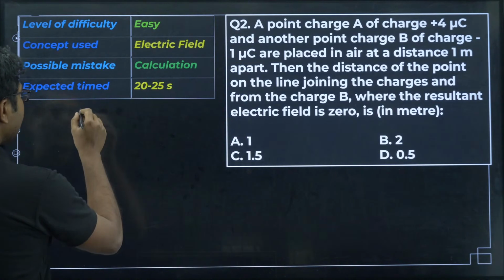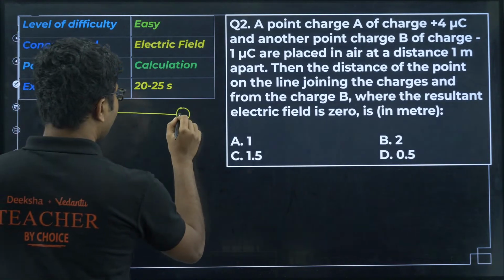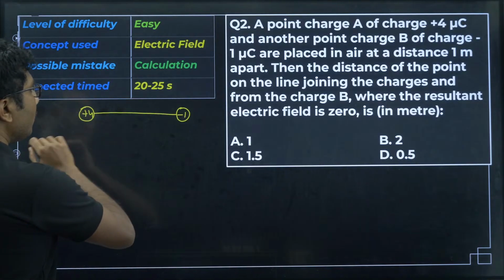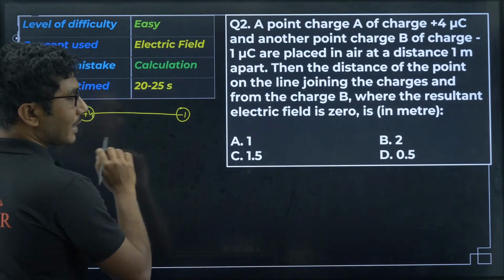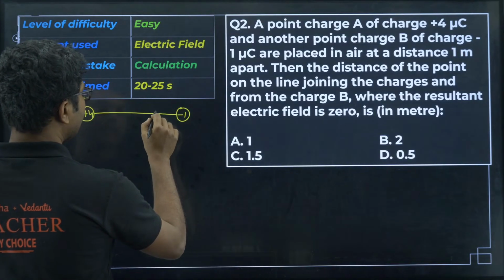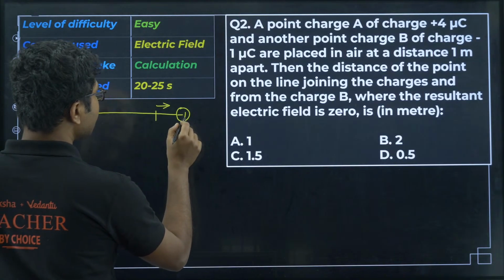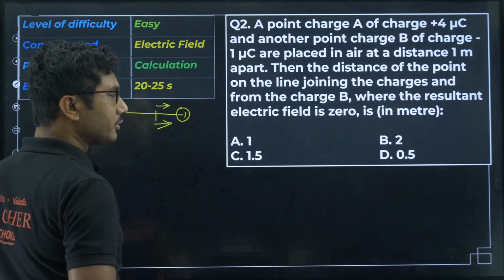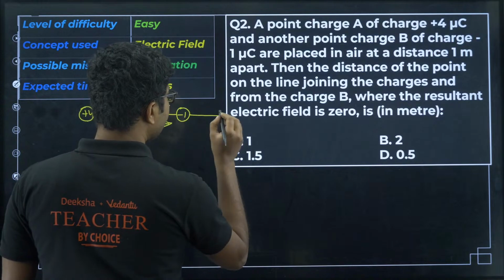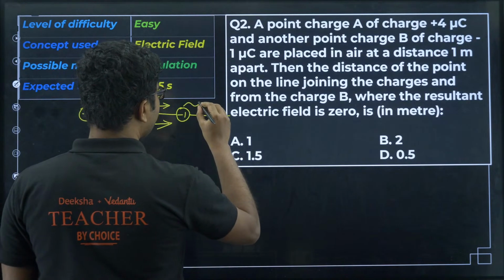This was a +4 and the other charge was -1. So there will be no point between the charges where the electric field will be 0. Why? Because if you consider any point here, the electric field will be in this direction due to this charge. Similarly, due to the negative charge it will also be in the same direction. So it has to be somewhere outside the charge line.